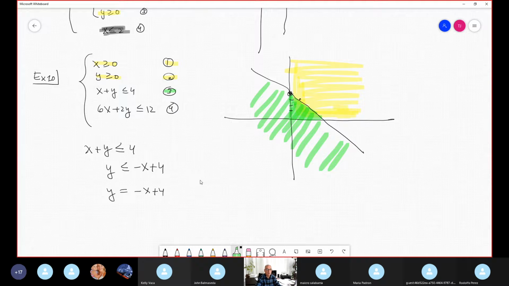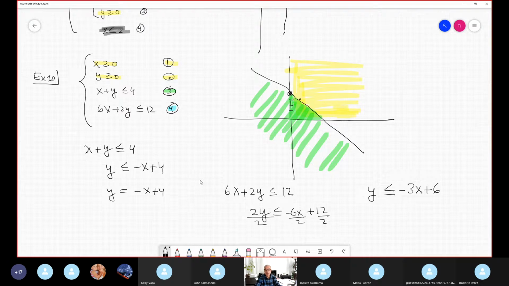Okay, now consider number 4, in blue. You take 6x plus 2y less than or equal to 12. You solve for y: 2y less than or equal to minus 6x plus 12. Divided by 2, y alone is less than or equal to minus 3x plus 6.